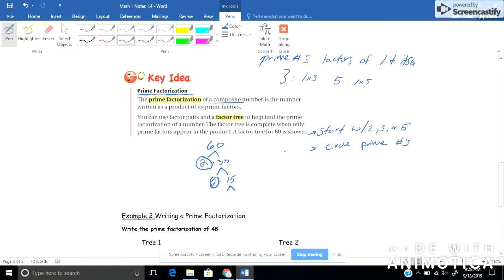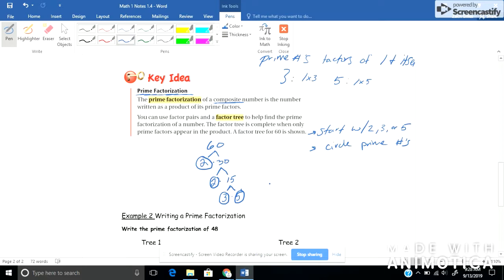Can I use 3? Absolutely. 3 times 5 would give me 15. And hey, perfect. These are both prime numbers, so I'll circle them both. All right. So now for my final answer, a factor tree is complete when only prime factors appear in the product. Okay, here are my prime factors.